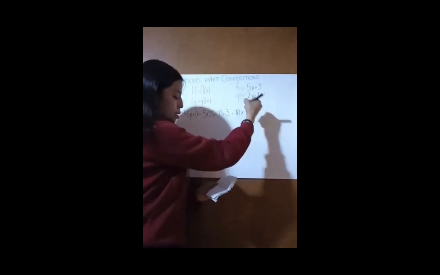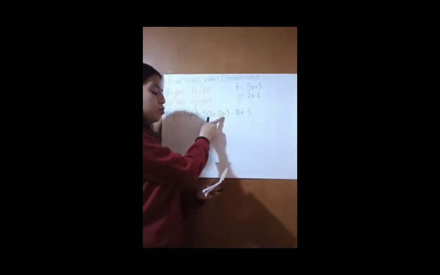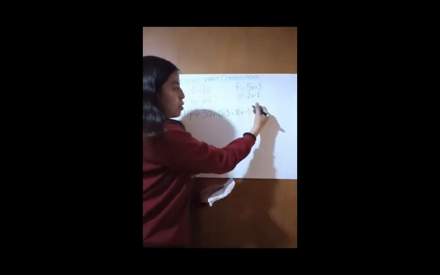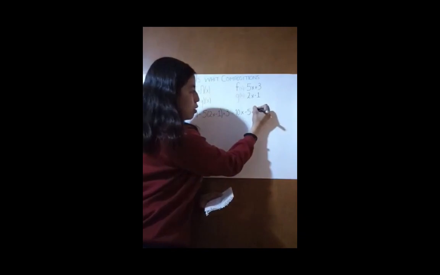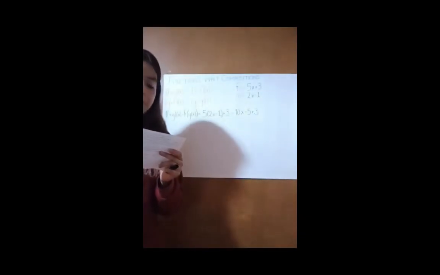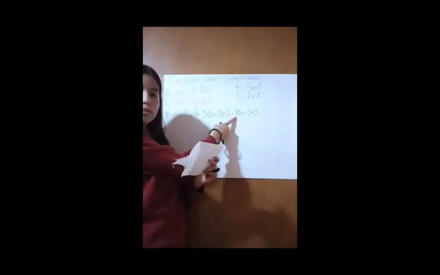We multiply 5 with 2x, we have 10x, and 5 with minus 1, we have minus 5. And plus 3, we write also.